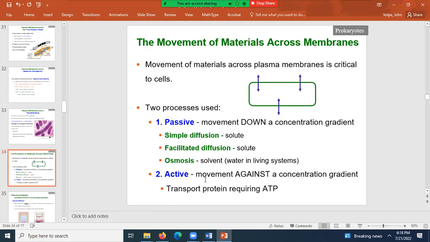So if you were to eat a high rich glucose diet, and then you were to digest almost all of the glucose, most of the glucose would be in your cells. So the glucose concentration inside your cells would be higher than outside your cells. Let's say the lumen of your intestine, because most of the glucose has been digested.